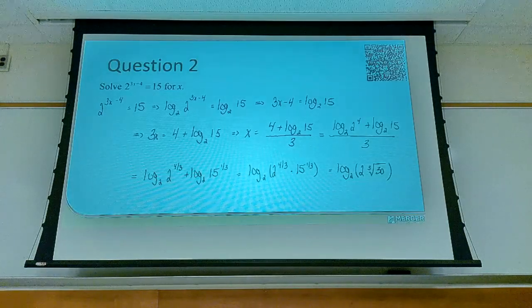And so if you wanted to simplify it to be just a single logarithm, you could also write that. But we could have just left that at the beginning.